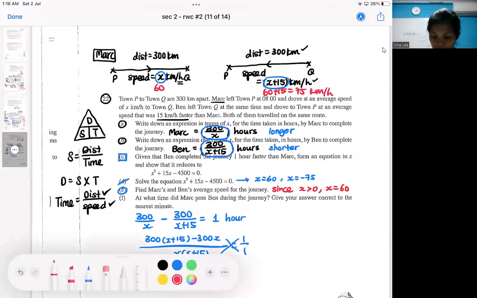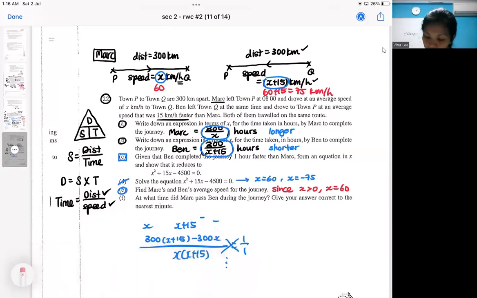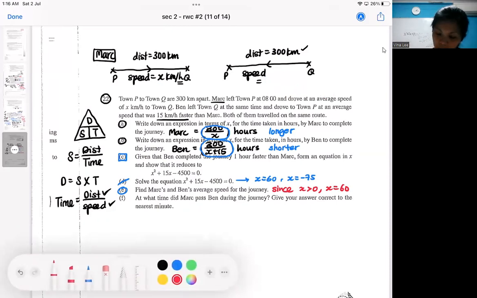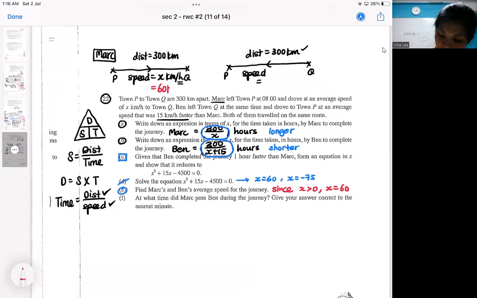Okay, so that is another thing that I will need to explain. So I've got to erase all this. So you assume now we know the speed already. Okay, so I'm going to use the speed. So I know that this is going to be 60 kilometer per hour. I know that this will be 75 kilometer per hour.